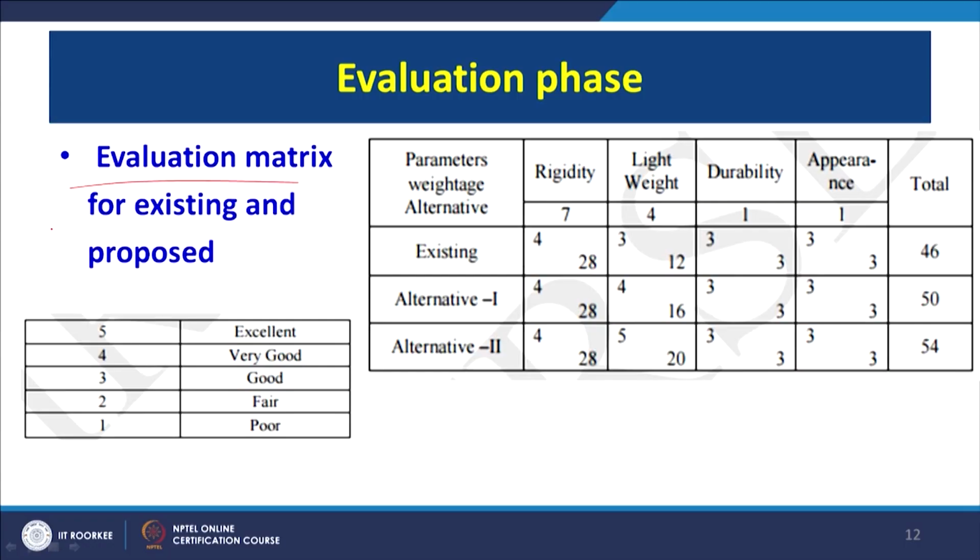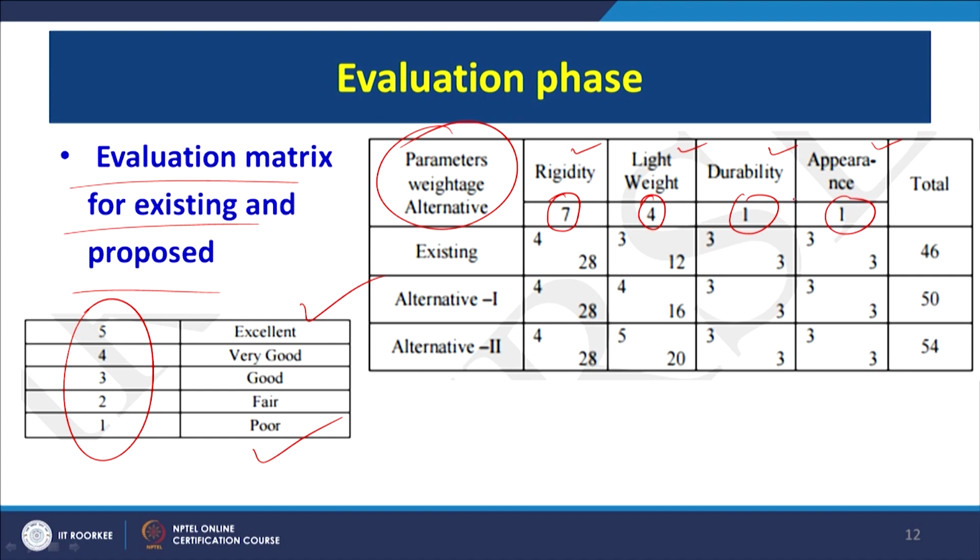Now, here we can see the evaluation matrix for the existing and the proposed. This is the ranking 5, 4, 3, 2, 1, 5 is excellent, 1 is poor. So, we can see here parameters weightage: rigidity, lightweight, durability and appearance. So, this is the ranking 7, 4, 1 and 1, which we have found out in the previous slide.